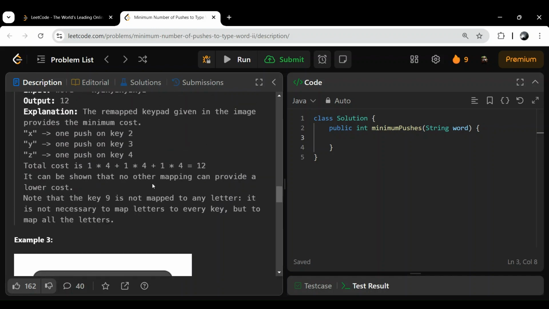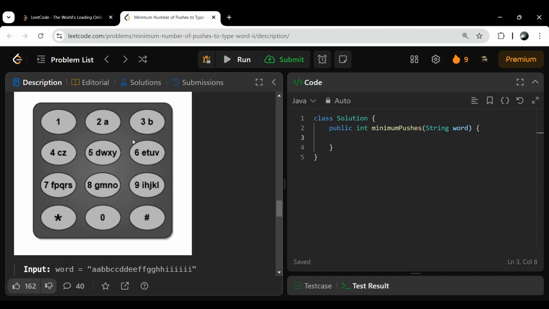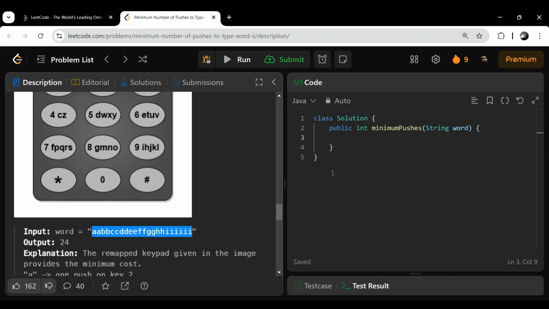We can have only 26 characters, right? We have 26 letters, so first 8, second 8, third 8, and only 2 will remain, and the next 2 we will place.